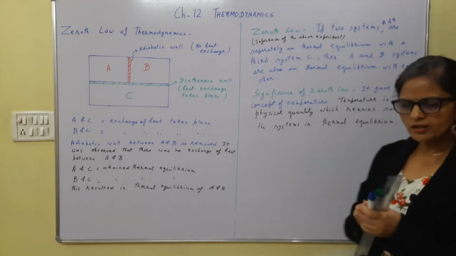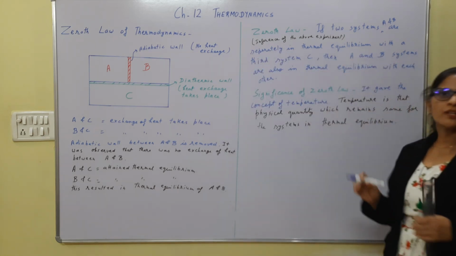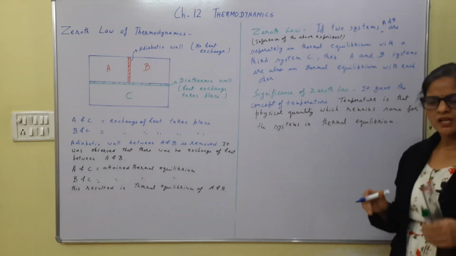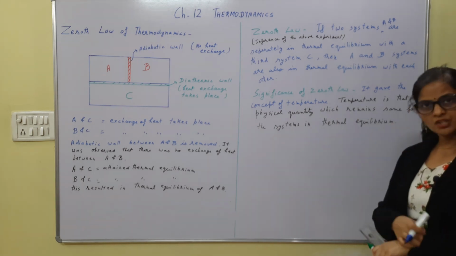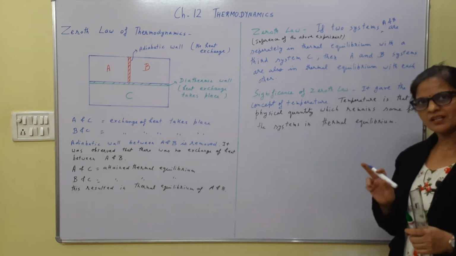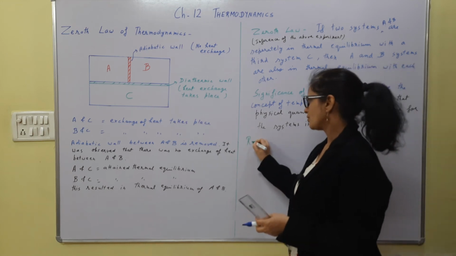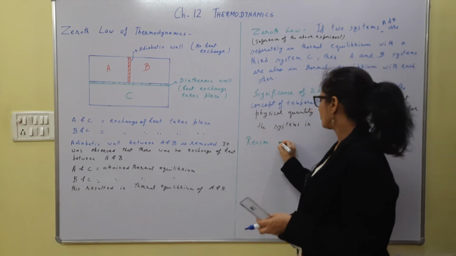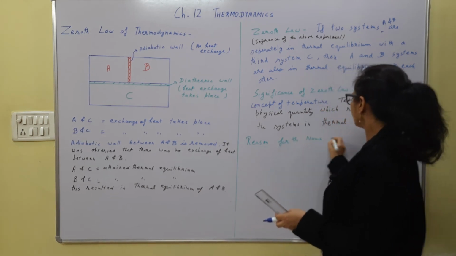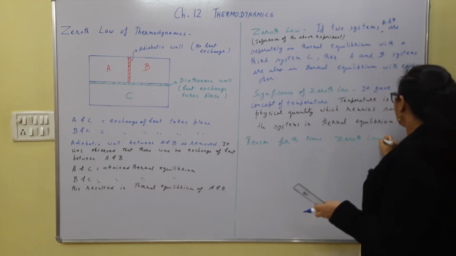and this law is called the zeroth law because this was formulated long after the formulation of the first and second law of thermodynamics, but it gave the definition of a fundamental quantity called temperature. So that's why this is given the name zeroth law. So this also I will mention here, the reason for the name zeroth law.